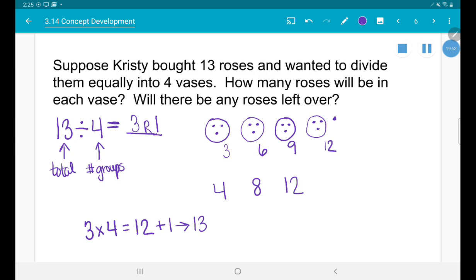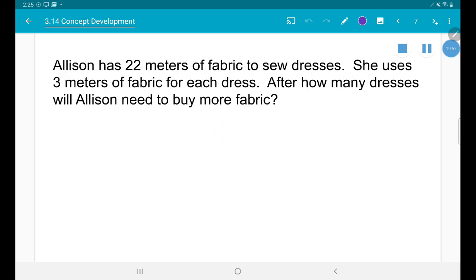This is going to be our last one. Okay, Allison has 22 meters of fabric to sew dresses. She uses 3 meters of fabric for each dress.